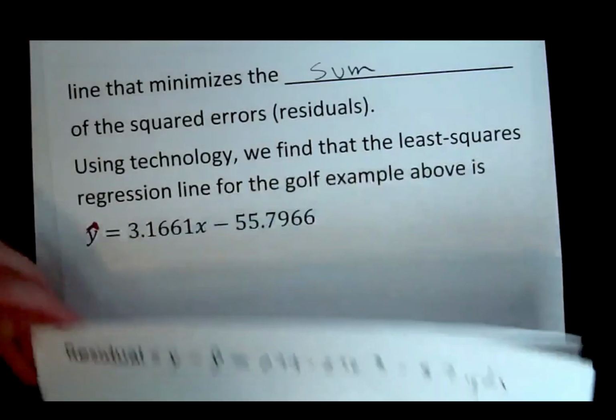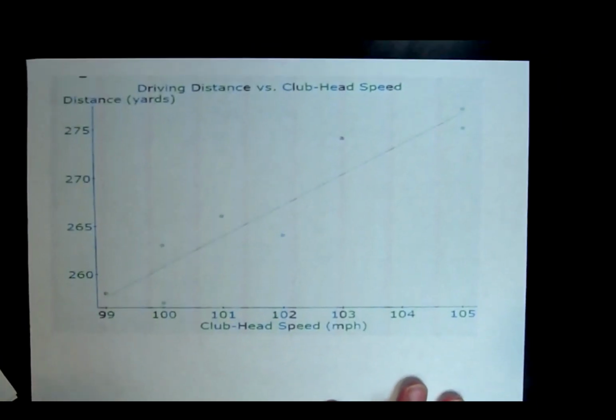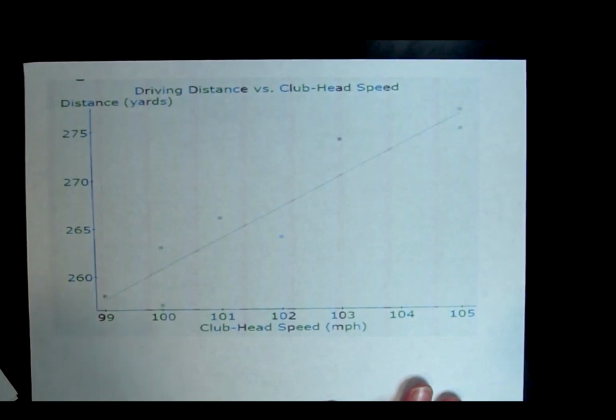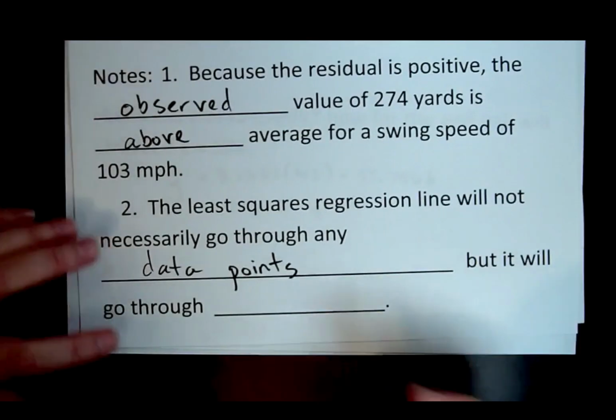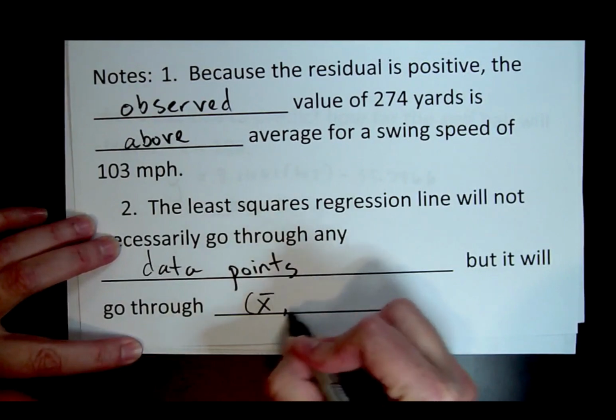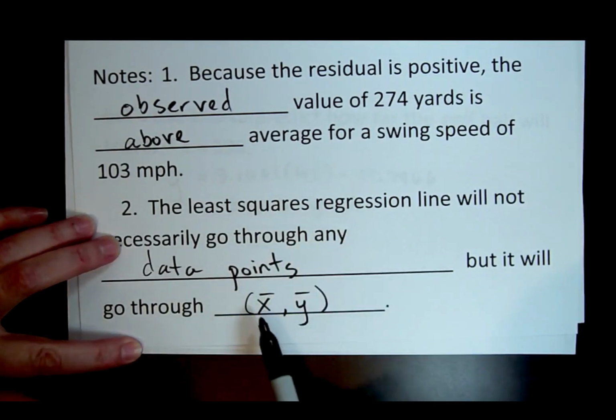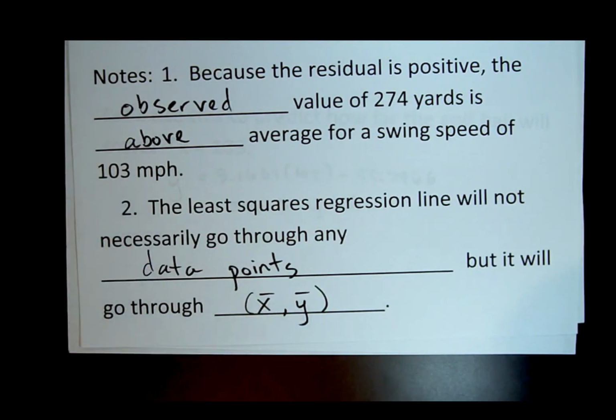And you can see that if you look closely at this line, it doesn't actually go through any of the data points. What it will go through, though, is x bar, y bar. In other words, it'll go through the point represented by the average x value or mean x value and the mean or average y value.